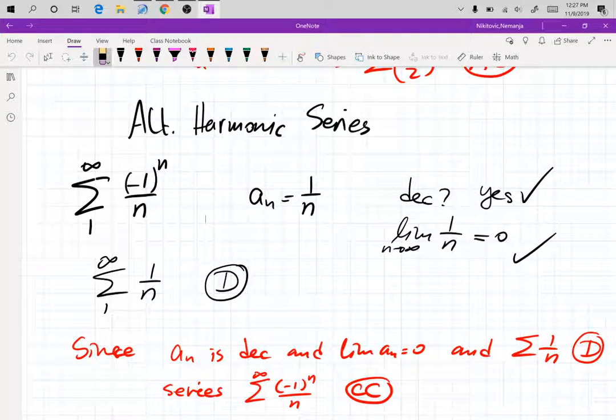Let's take a look at another problem from the book. I can do 2 problems from the book because they are so cute.